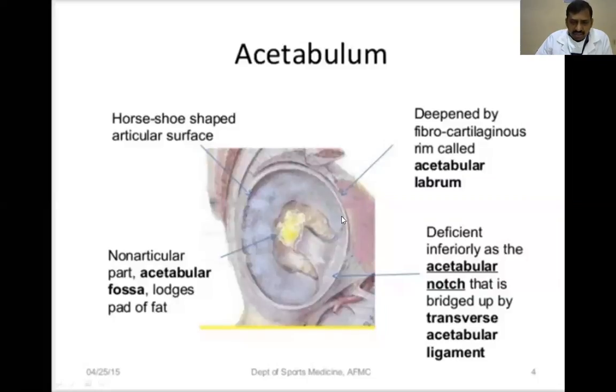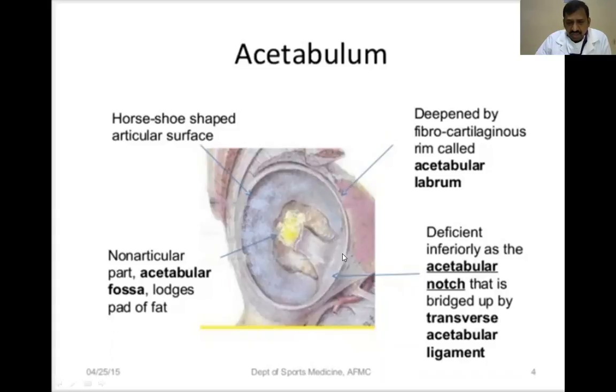And here there is a gap in between these two. This gap is filled by another ligament called the transverse acetabular ligament. What is the difference between the acetabular labrum and the transverse acetabular ligament?